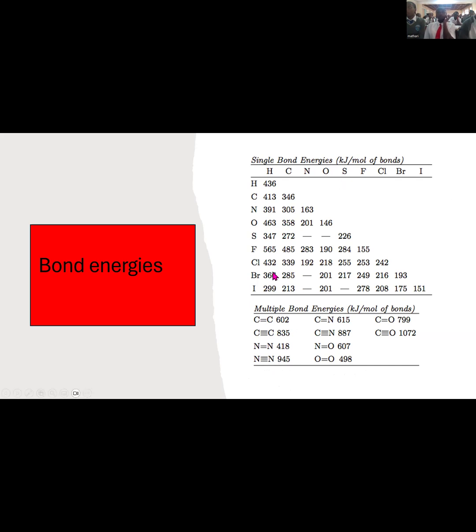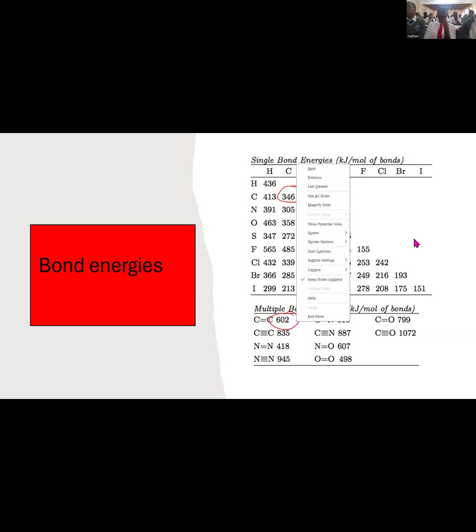Something else which is quite interesting is that a carbon to carbon single bond is 346. Here it is, here. But a carbon to carbon double bond is 602. Now, if we said this is around about 350 and this is around about 600, then where is the extra 100?